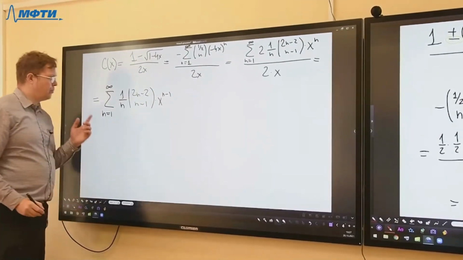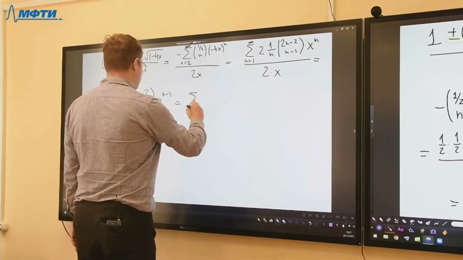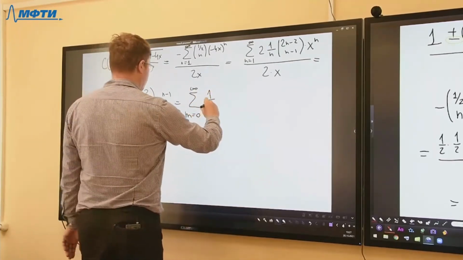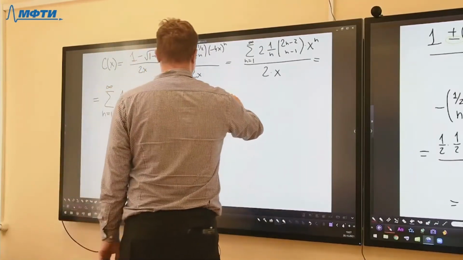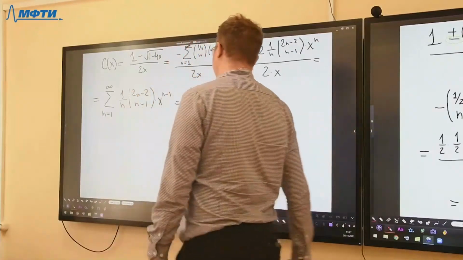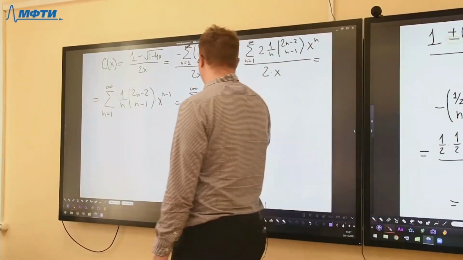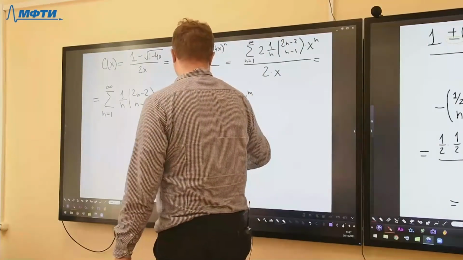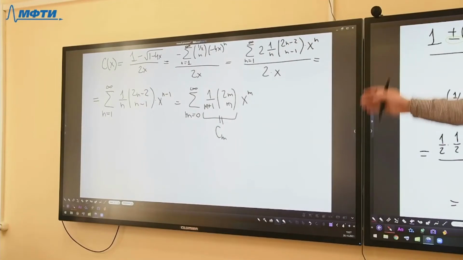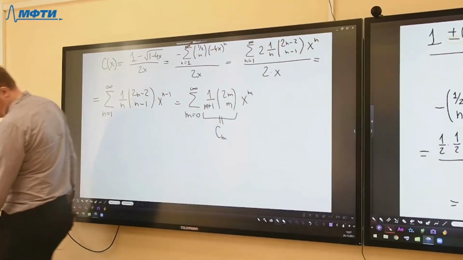And so if we renumerate it from 0, we will have the sum from m equals 0 to infinity of 1 over m plus 1, 2m choose m, times x to the power m, which is exactly the Catalan number. So we proved that the Catalan number is 1 over m plus 1 times 2m choose m, using the formal power series technique.